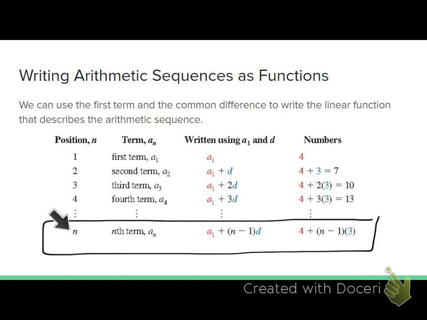In order to find the nth term, whatever the nth term is, could be the third term, fifth term, 27th term, whatever n equals, you're going to take the very first term, and then to it you're going to add, in parentheses, n minus 1 times your common difference. I know I boxed in that whole row, but that formula specifically will be really important. Usually we set this equal to A sub n.